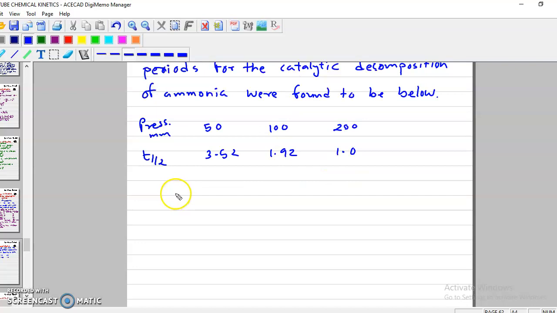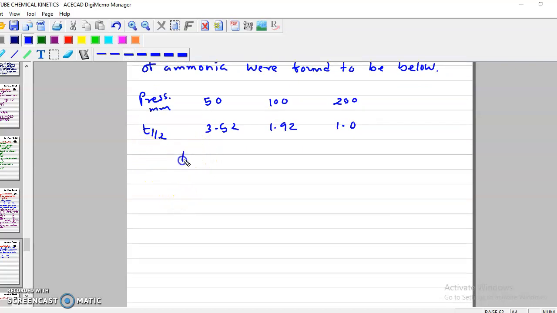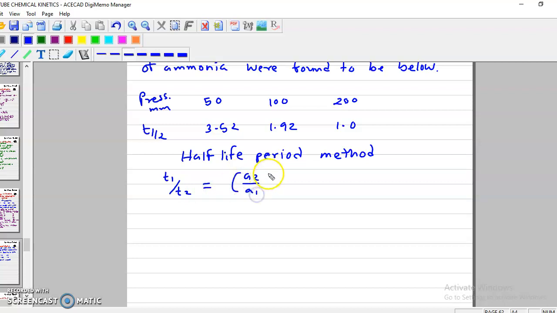So here t half is given, so we can use the half-life period method to find out order of reaction. So the half-life period method is t1 upon t2 is equal to a2 upon a1 raised to n minus 1, or as pressure is given, we can write p2 upon p1 raised to n minus 1.